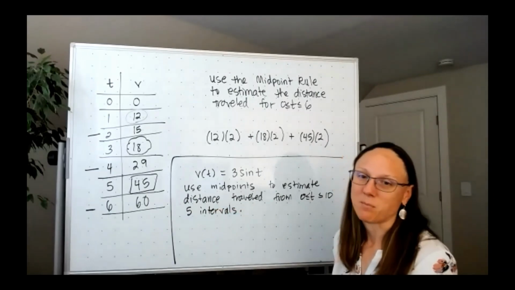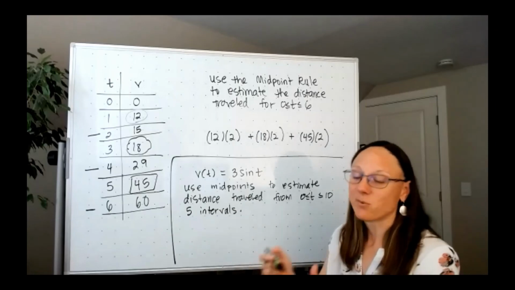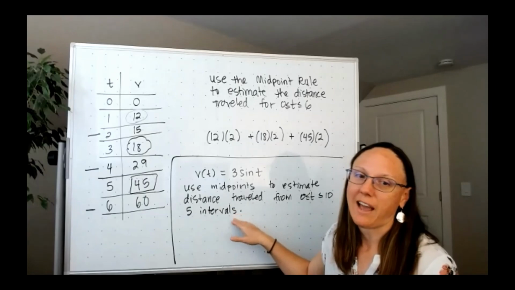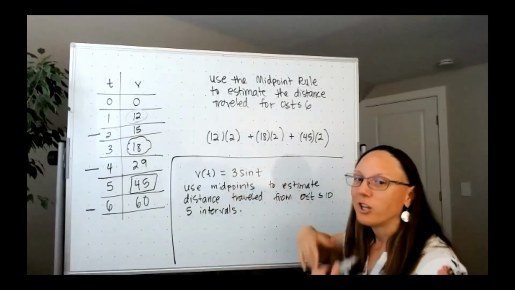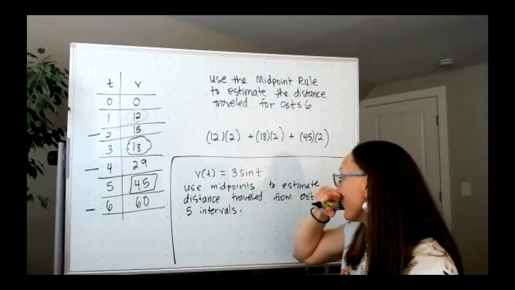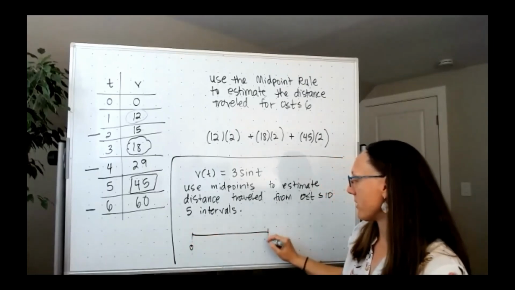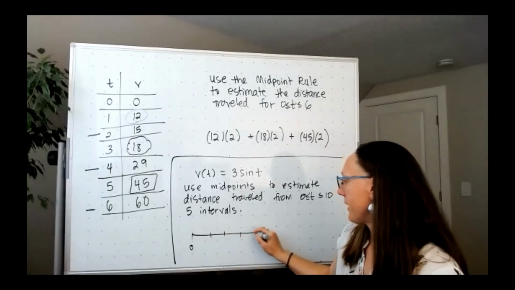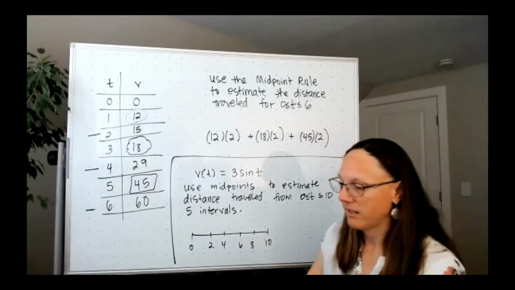This one doesn't bother me as much. This one doesn't feel like I'm throwing data out. This one is saving me the time and saying we're only going to look at 5 data points here. So this one goes back to very similar to what we were doing with the rectangles, where I'm just thinking about if I break this up from 0 to 10 into 5 pieces, then those would break up at 2, 4, 6, and 8.